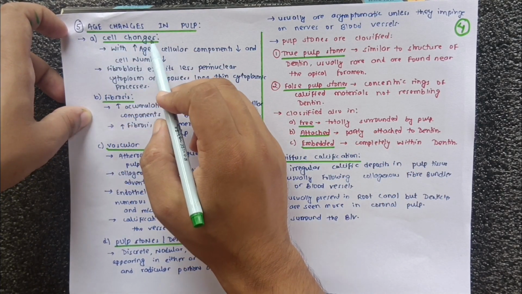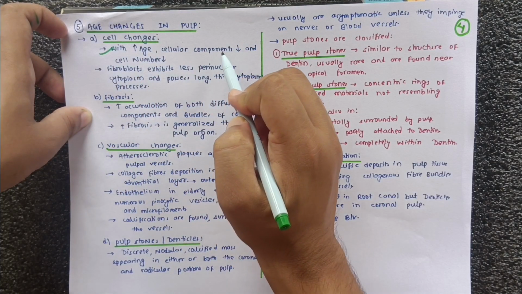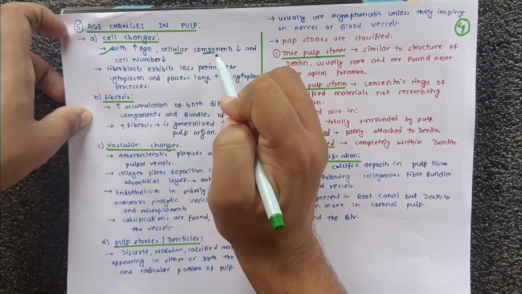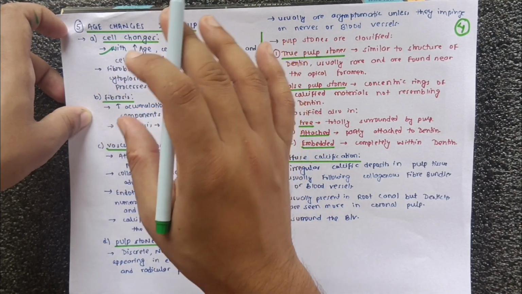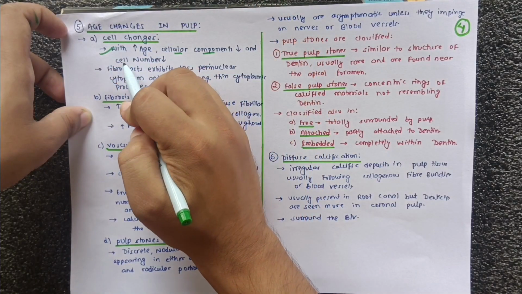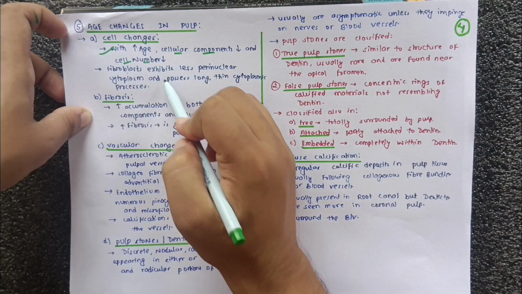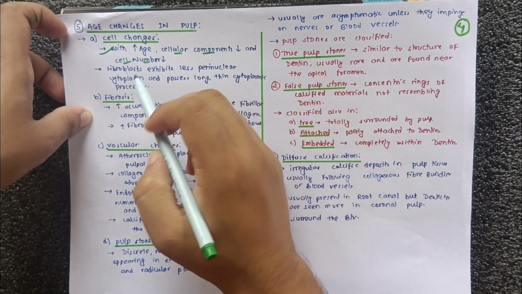In the cell changes, with the increase in age there is a decrease in the cellular components and a decrease in the cell numbers. The cellular components get decreased, and the number of cells also gets decreased. The fibroblast exhibits less perinuclear cytoplasm and possesses long thin cytoplasmic processes.